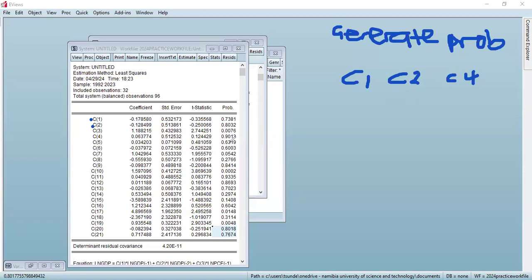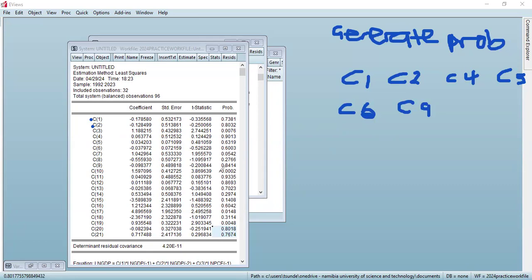Then you go to C5. It's also not significant. Then you go to C6. C6, not significant. You go to C9.